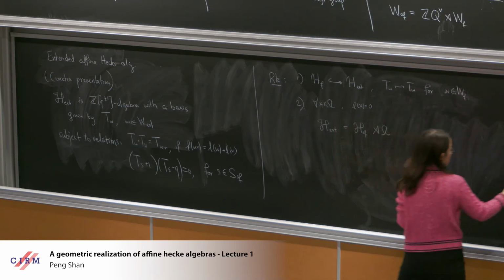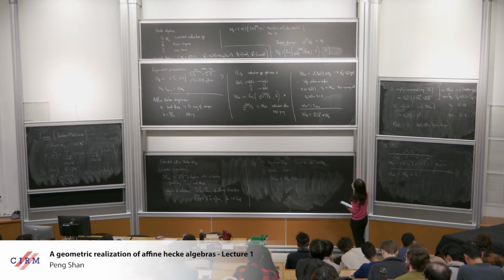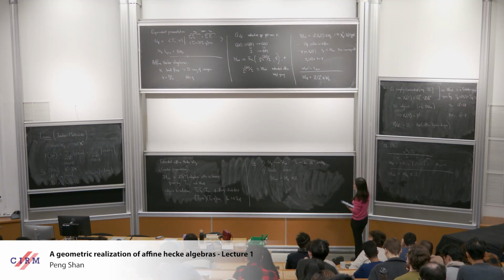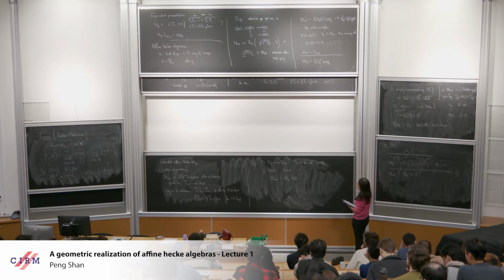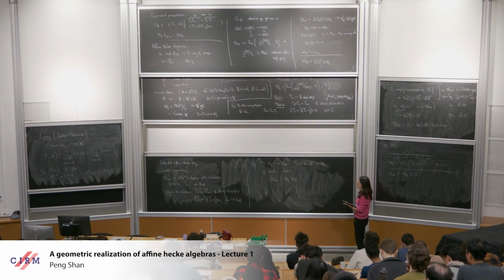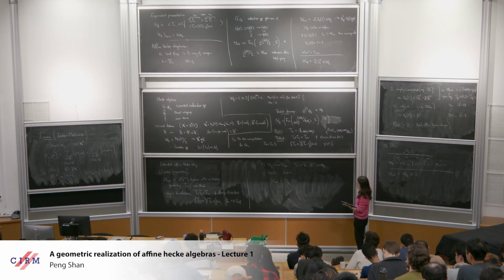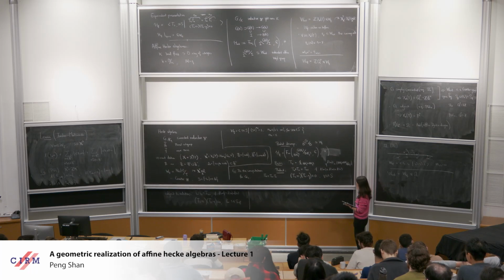So okay, let me do a board exercise. As we have seen for the extended affine Weyl group, this group not only has a Coxeter presentation, it also has a presentation as this finite Weyl group together with this abelian part, the lattice part.